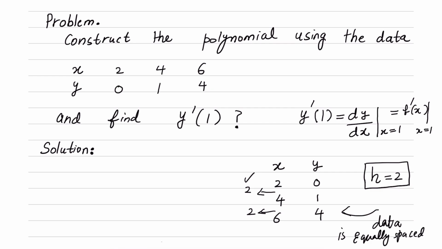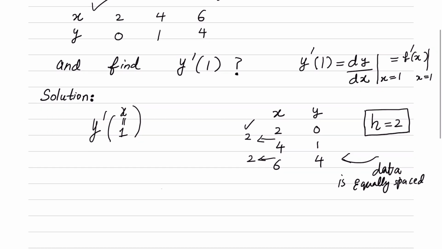But since we need to calculate the derivative at x equal to 1, and x equal to 1 is closer to the start of the given x values, the x values starting from 2 and then 4 and then 6, so 1 is closer to the start of the data, we will be using the forward differences method.